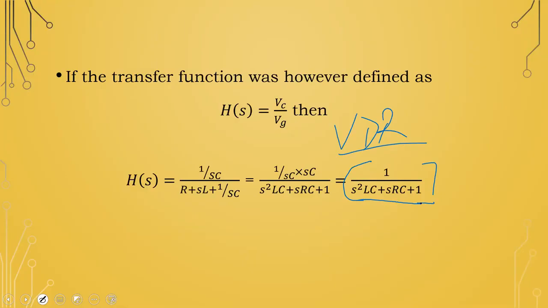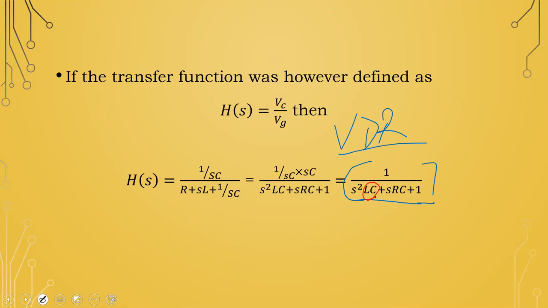Remember now, in order to find the poles and zeros, we need to make the coefficient of S squared 1. So I'll have to divide throughout by LC.